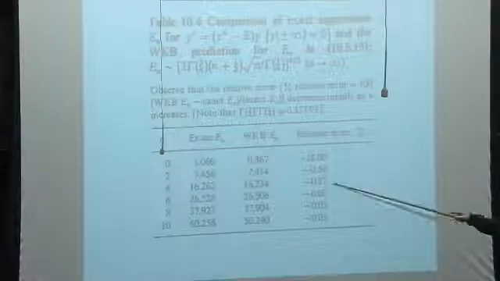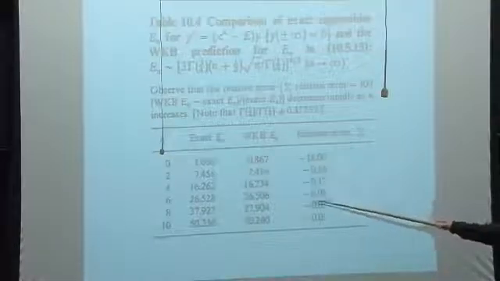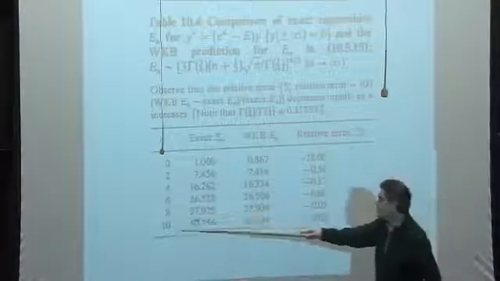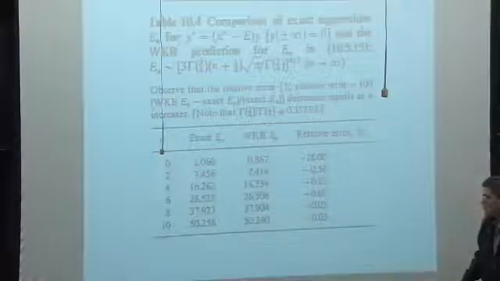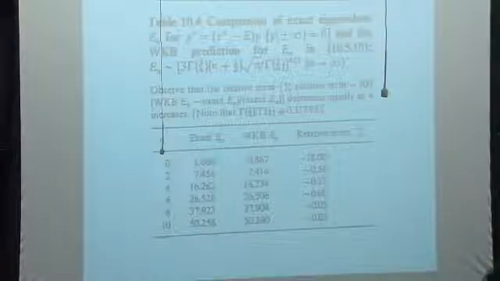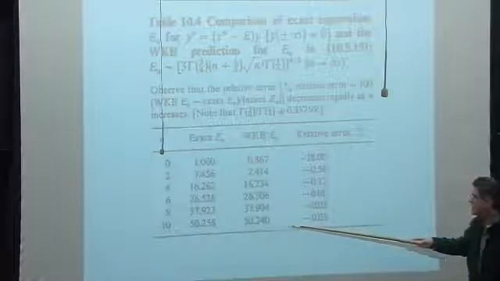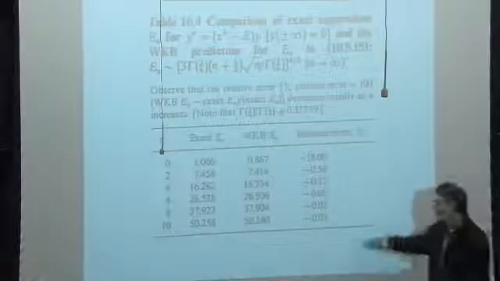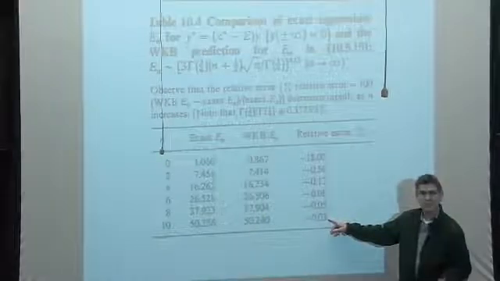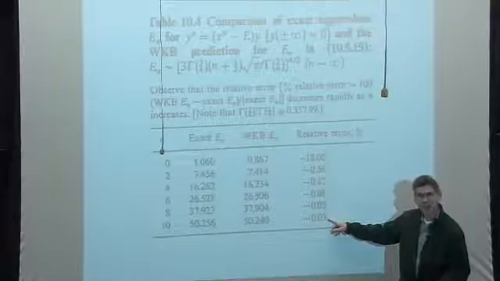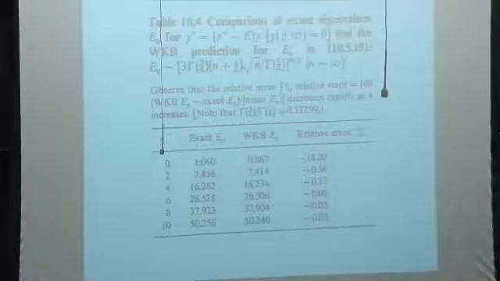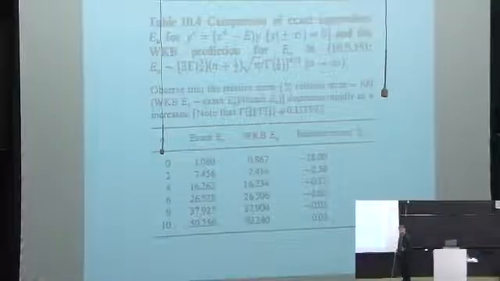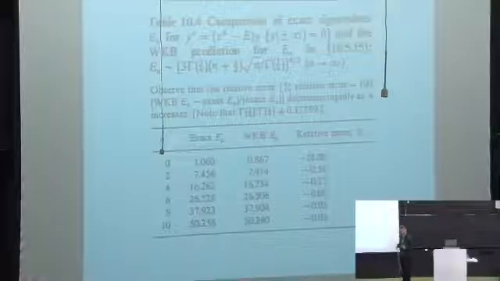Okay? 0.17% off. And you can see as n gets bigger and bigger, the exact eigenvalues and the WKB eigenvalues are becoming very close. When n is as large as 10, the error is 3% of 1%. Okay? That's really small. And this is just physical optics.